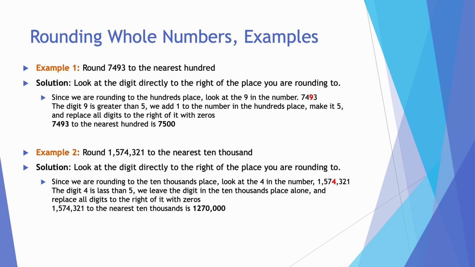The digit 4 is less than 5, so we leave the digit in the 10,000 place alone and replace all the digits to the right with zeros. So 1,574,321 to the nearest 10,000 is 1,570,000.